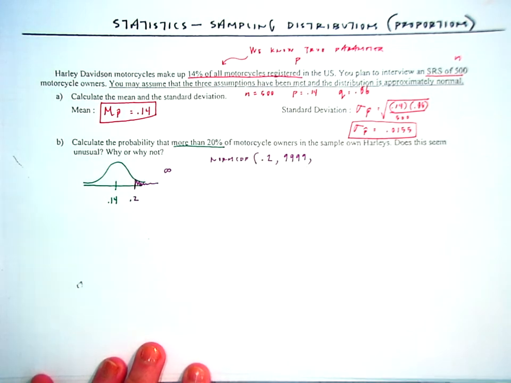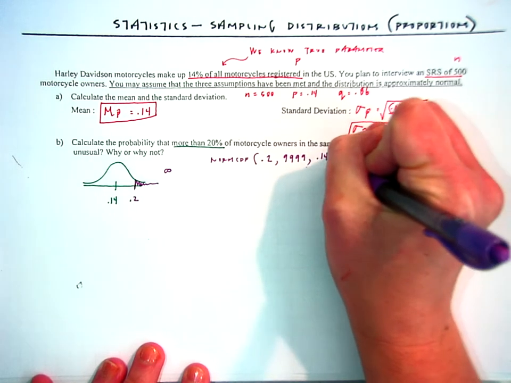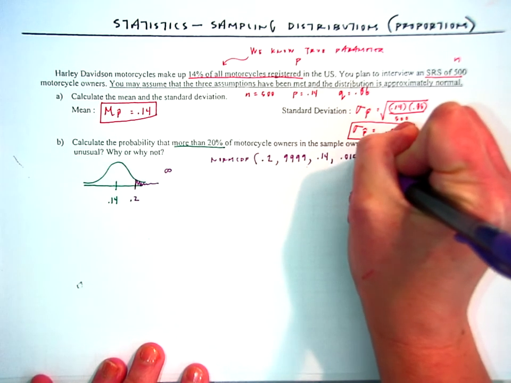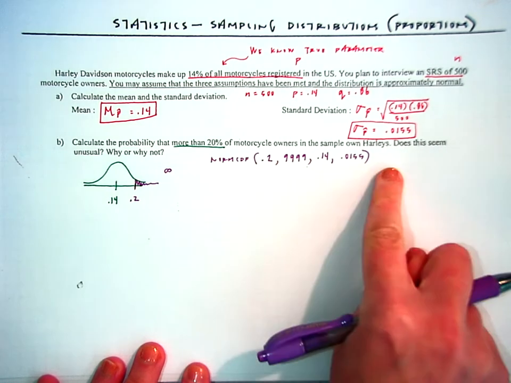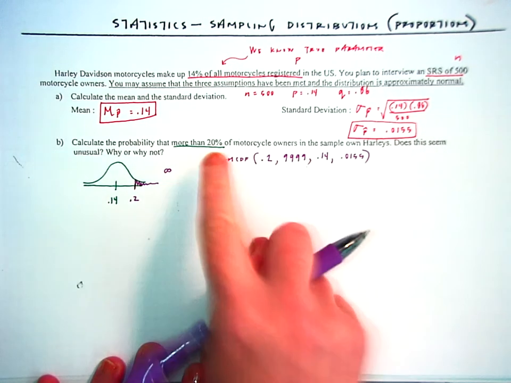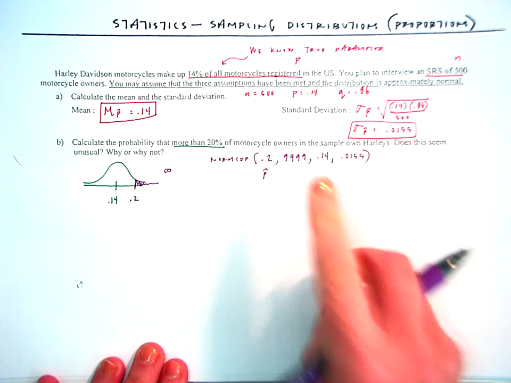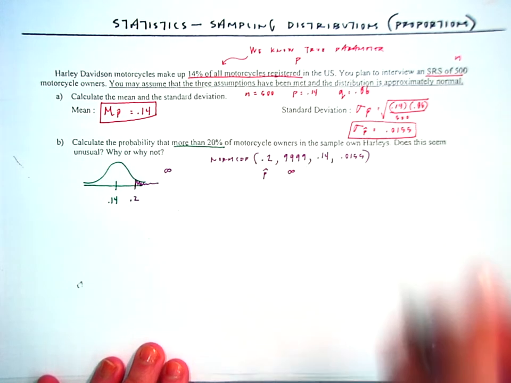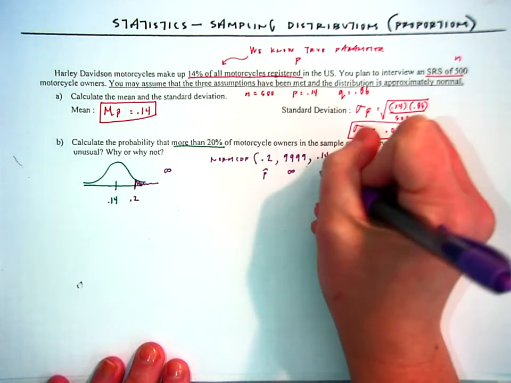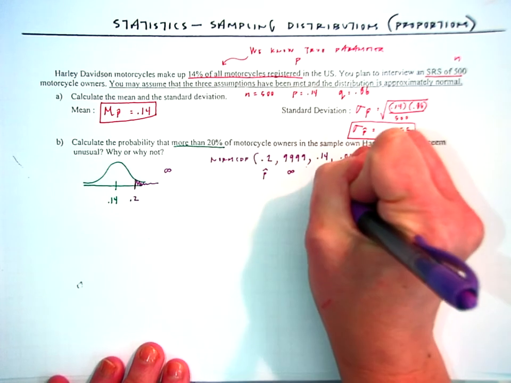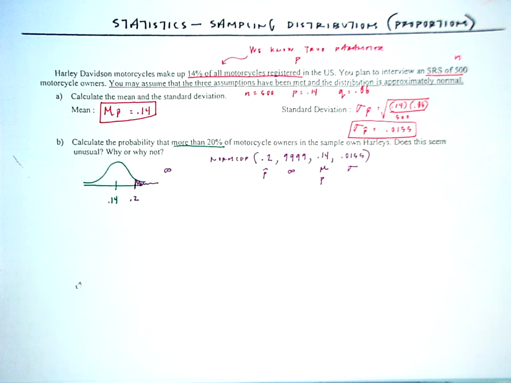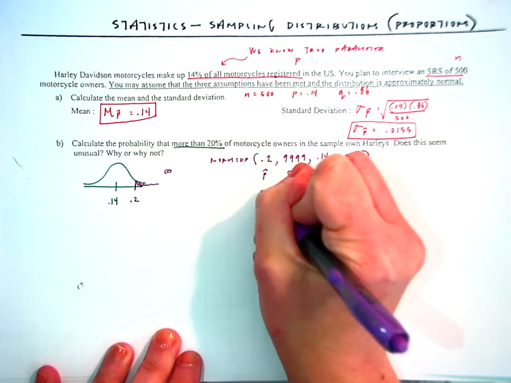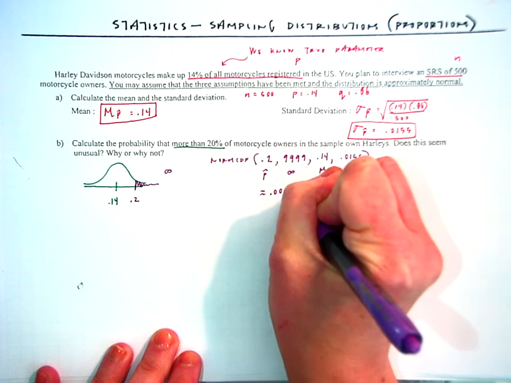Then my mean, 0.14, and my standard deviation, 0.0155. Again, what are these markers? Based on the raw data, this is the statistic that they're mentioning, and here we're saying up to infinity. That 0.14 is the mean, which is the same as the parameter that is stated, with the standard deviation of 0.0155. When I type that in, that's going to give me about 0.0001 as my probability.